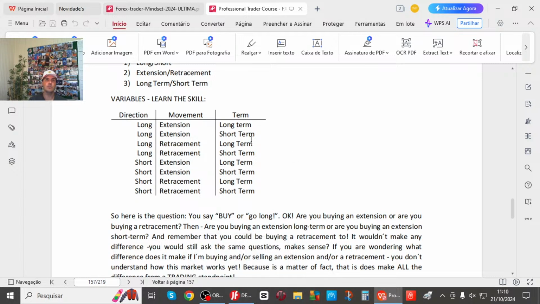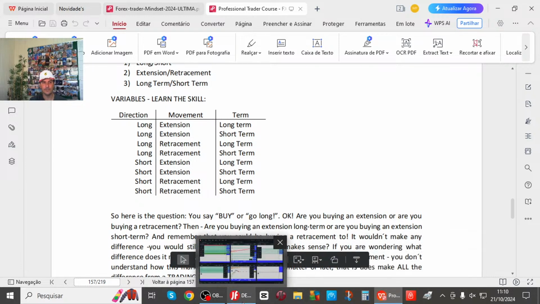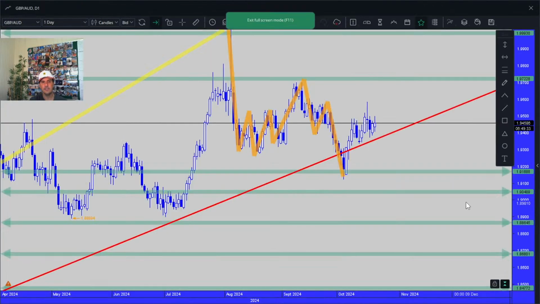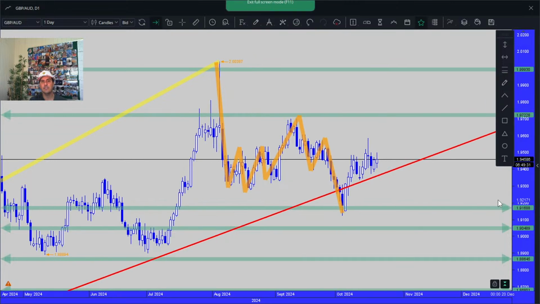Now you, the analyst, you can tell me buy or sell on the 4-hour chart, the 2-hour chart, the 1-hour chart, the daily chart. And then you need to tell me, are we buying or selling a retracement or extension? And then you need to tell me, are we buying or selling long-term or short-term? Okay? So I'm on the daily, everybody.